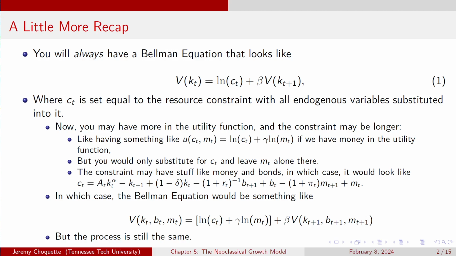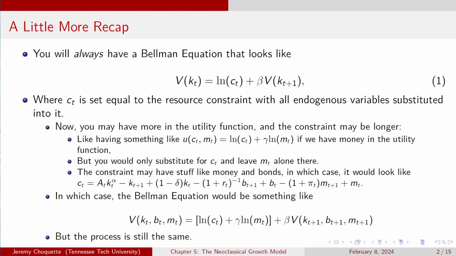So the future value of bonds is discounted to give us a present value. That's why I've got 1 plus the real interest rate to the negative 1, or 1 over 1 plus the real interest rate. And then you have minus (1 plus pi_t) times m_{t+1}. Pi_t is inflation. So again, it's discounting the present value of future money holdings for the rate of inflation, to tell us what tomorrow's money holdings would be worth today, plus m_t, which is today's money holdings.